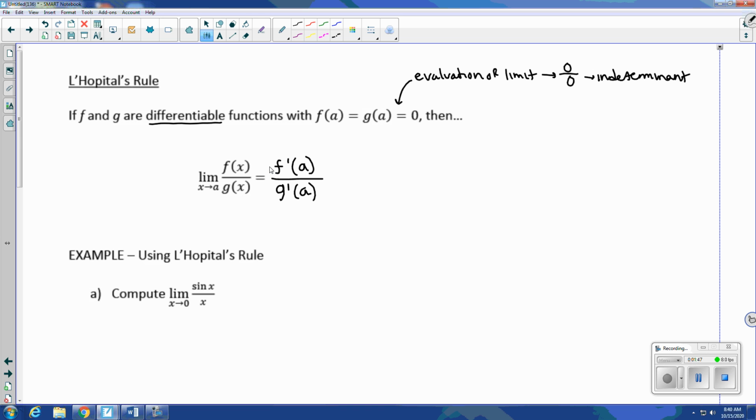What this says is you can take the derivative of the numerator and the derivative of the denominator and evaluate them wherever x is approaching in your limit. And that is how you alleviate the 0 over 0 problem. What I want to make note of is that although the function in the limit is expressed as a ratio or as a quotient, L'Hopital's rule is not the quotient rule.